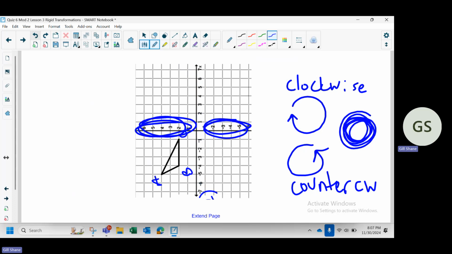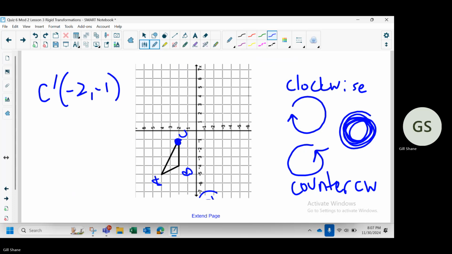And then you have to know how to pull the X and the Y off a graph. So if that's the case, this point C, so I'm going to write C prime, would be at -2. So I'm looking right here. That would be at -2 and then -1. And then I'll just go to B, I guess. B prime. And again, I don't care where it started. I'm not even looking at the original.